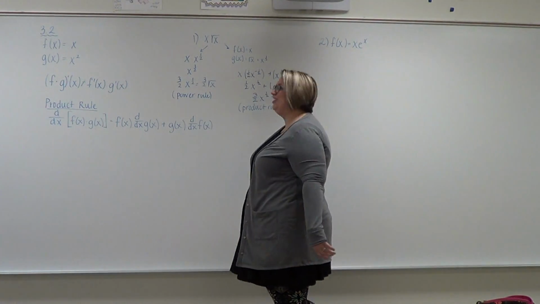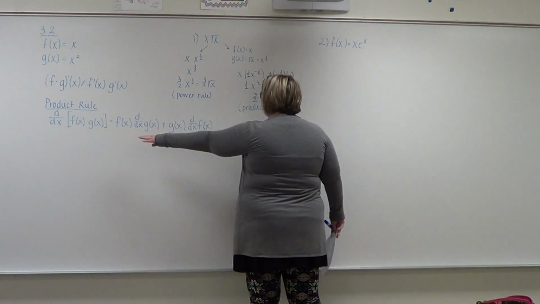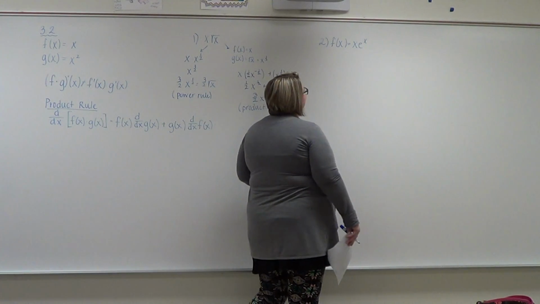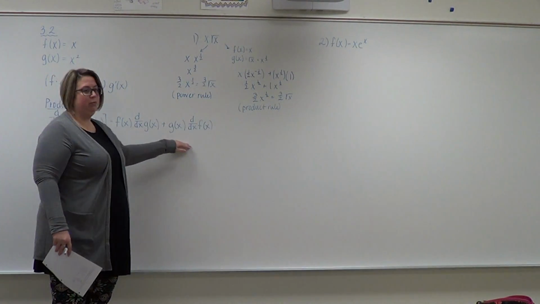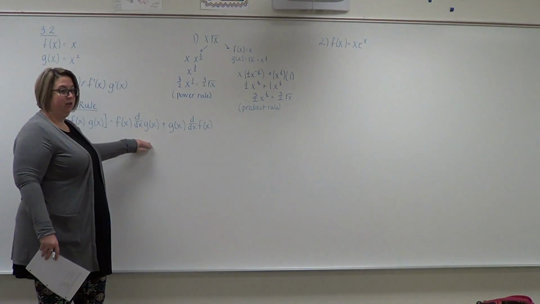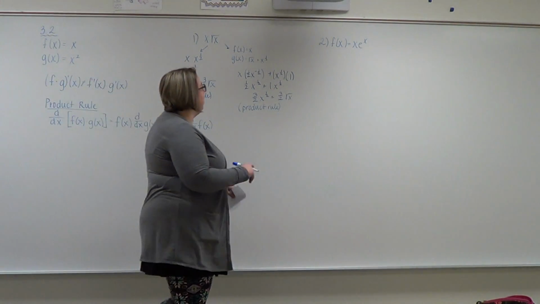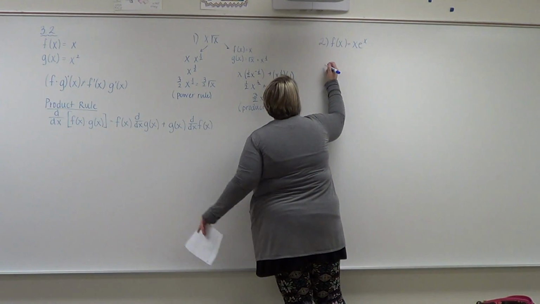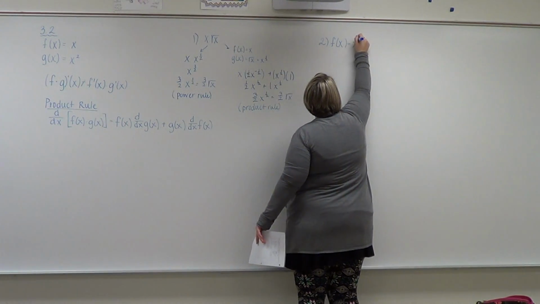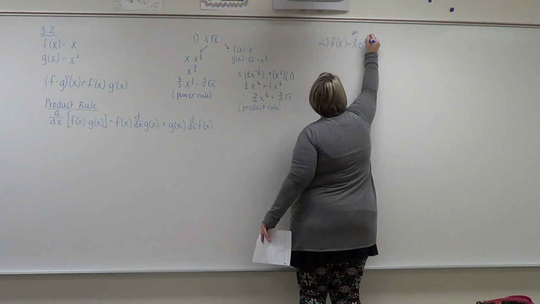Okay, so if I want to find the derivative, can you do this in your head, or would it help you to write out what you're supposed to do? So if I write it out, this would be f of x, and this is my g of x.